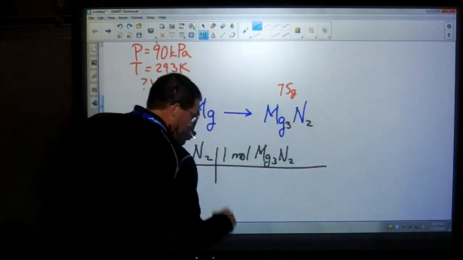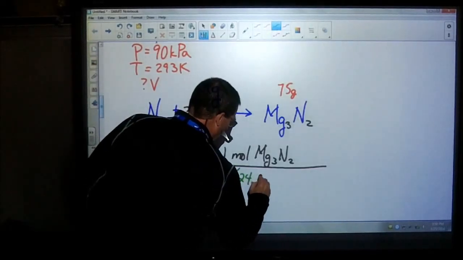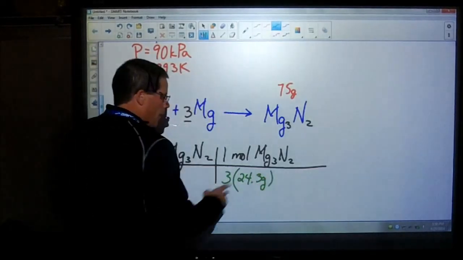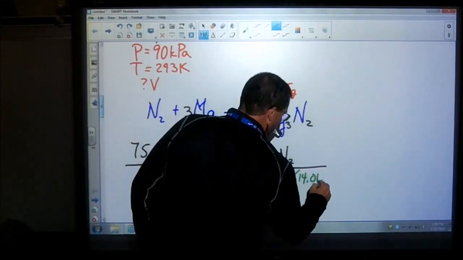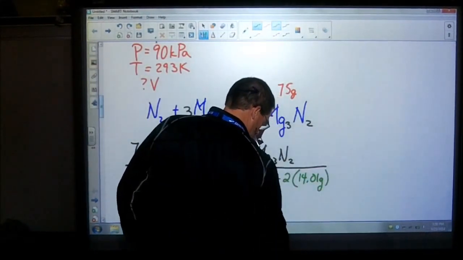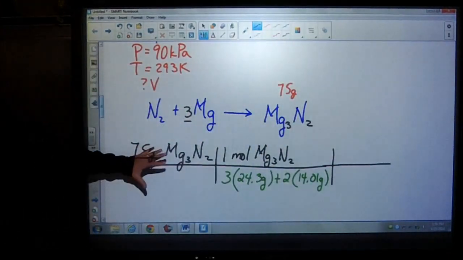Magnesium has a mass of 24.3 grams for every mole, and nitrogen, we have two of those, is 14.01 grams for every mole. If we stopped right there, we'd have step 2 finished.